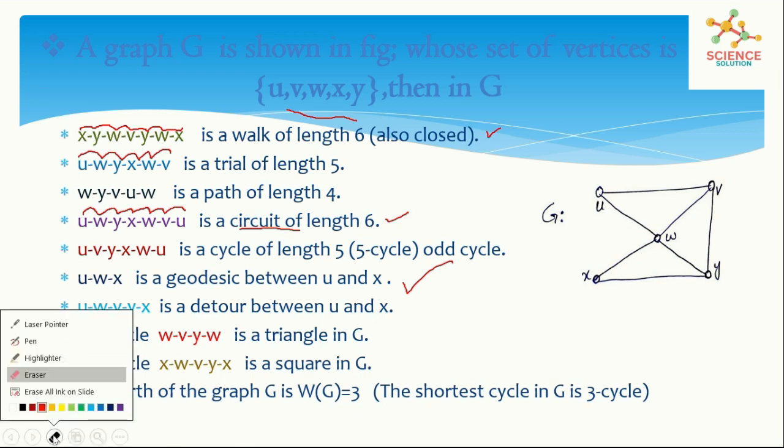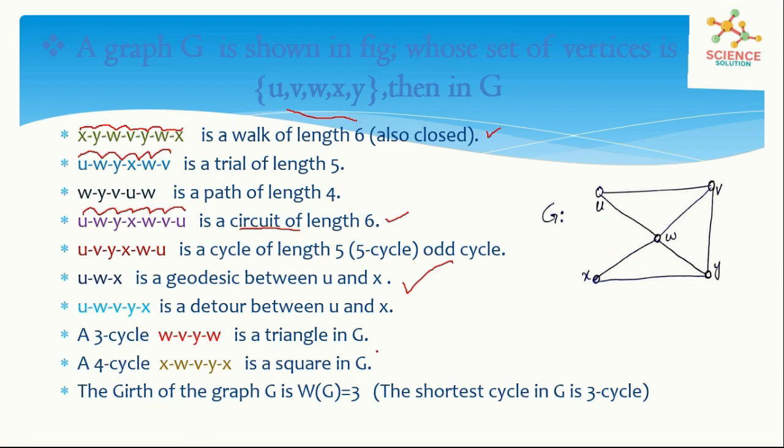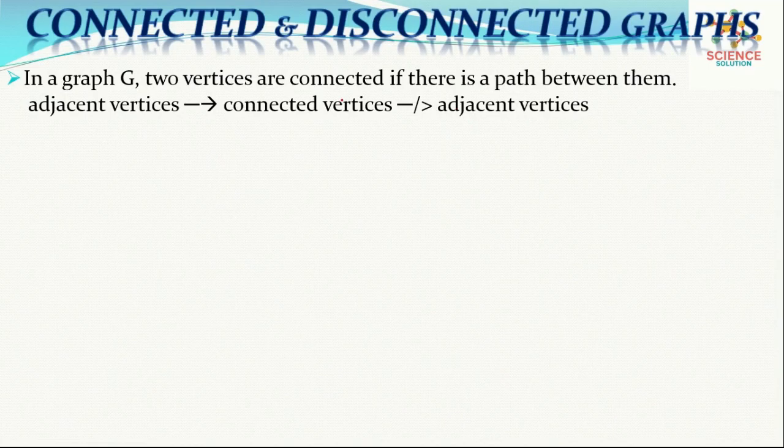Now we discuss connected and disconnected graphs. In a graph G, two vertices are connected if there is a path between them. Adjacent vertices are connected vertices, but connected vertices need not be adjacent vertices.